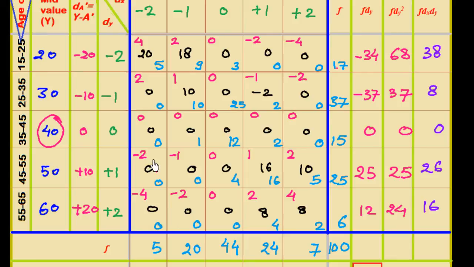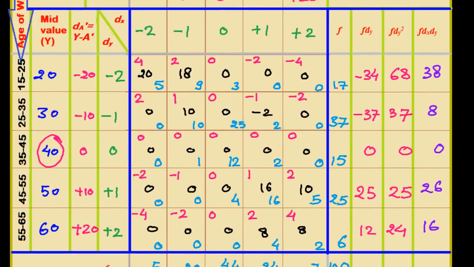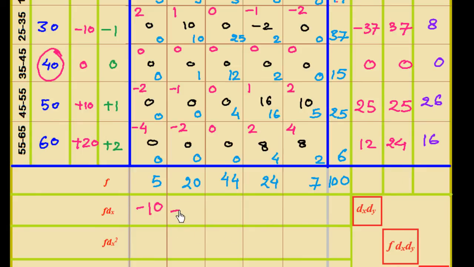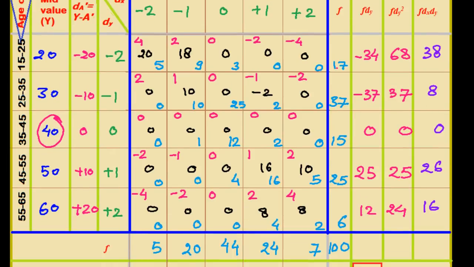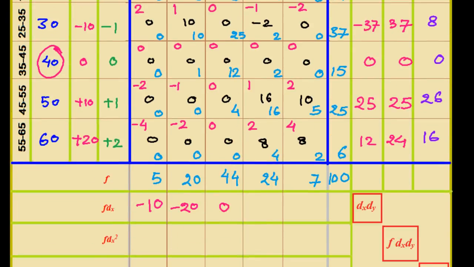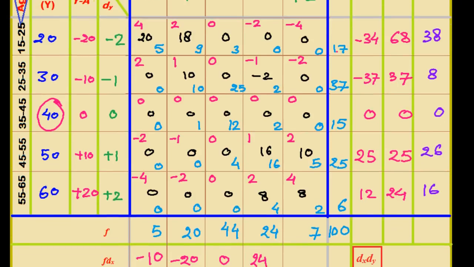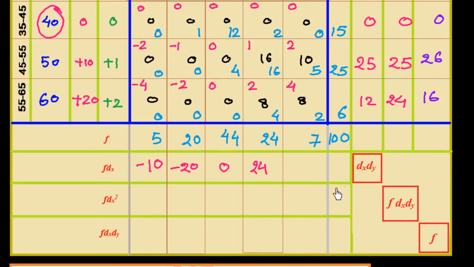F is here and dx is here. 5 into minus 2, which is minus 10, and 20 into minus 1, which is minus 20. 44 into 0, which is 0. 24 into plus 1, which is 24, and 7 into plus 2, which is 14.